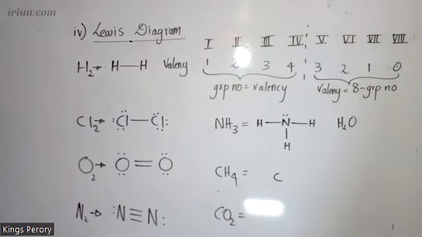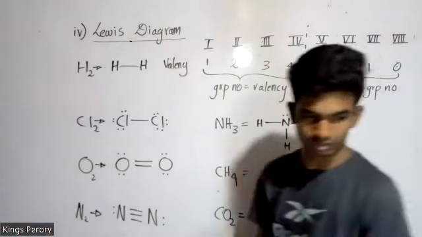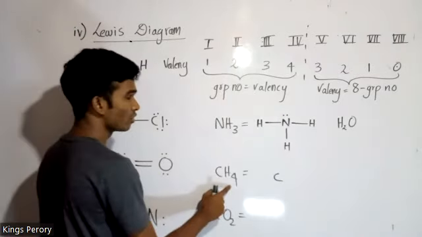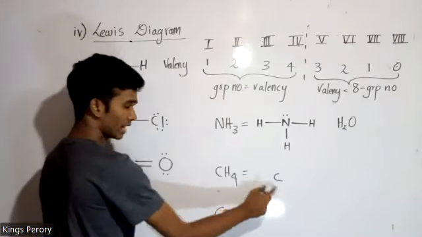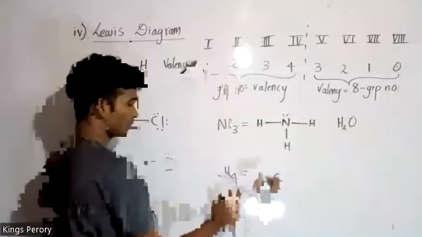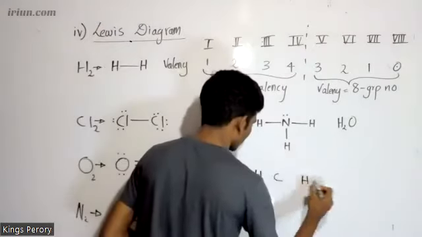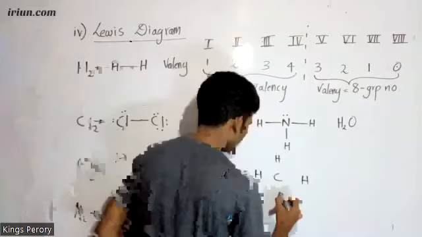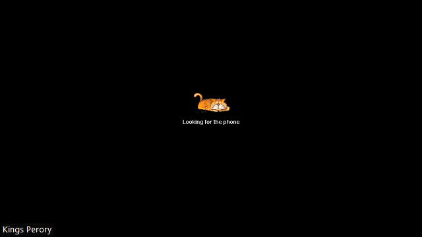Wait. Right. CH4: 1 carbon, 4 hydrogen, so carbon is the central atom. Then 4 hydrogens are there around. 1, 2, 3, 4. Carbon. What's wrong? Wait a minute.